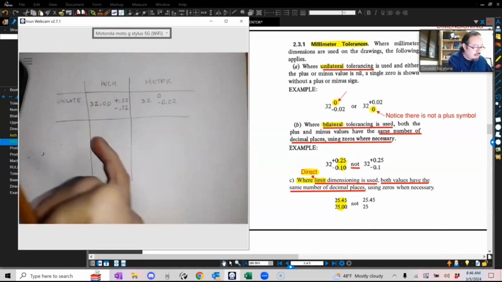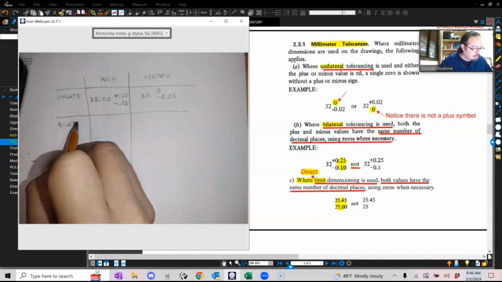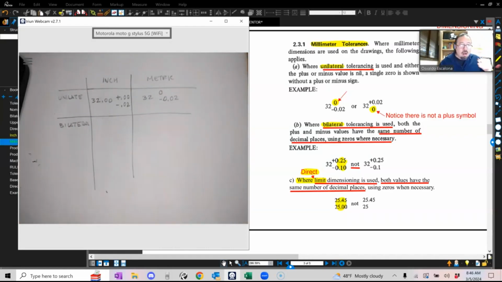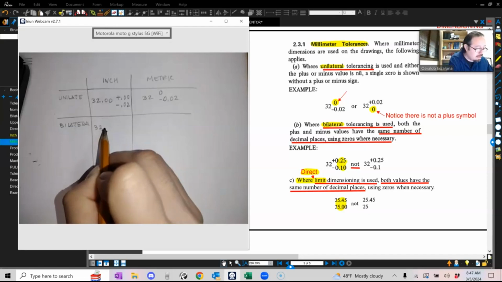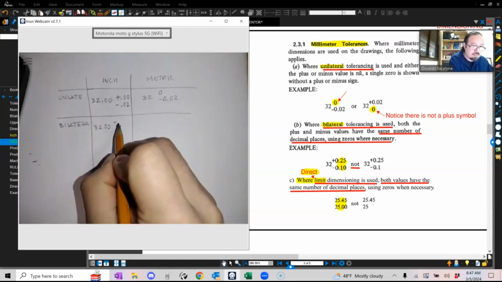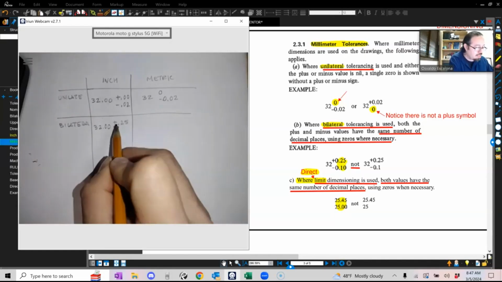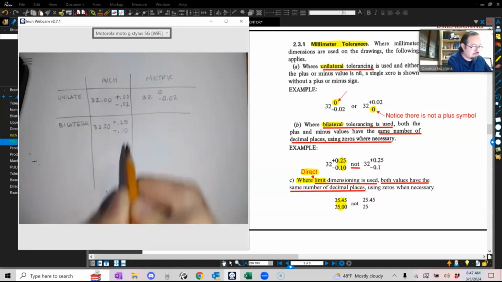If I were to have a bilateral, and this is going both directions, that means a little bit up and a little bit down. In the inch system, you will do 32.00 plus 0.25, and again, no leading zeros on the inch, minus 0.10.